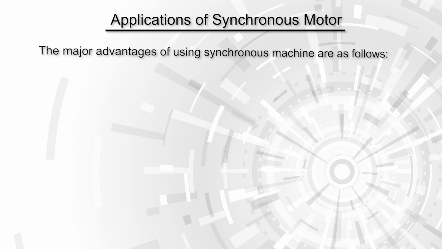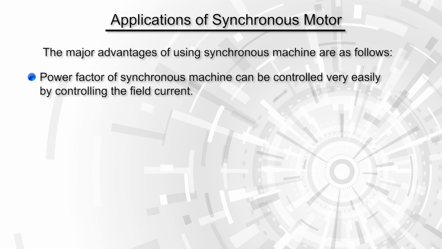Whereas in induction machines or DC machines, we can control the speed. The major advantages of using a synchronous machine are as follows. The power factor of a synchronous machine can be controlled very easily by controlling the field current. This is a major use of the synchronous motor.